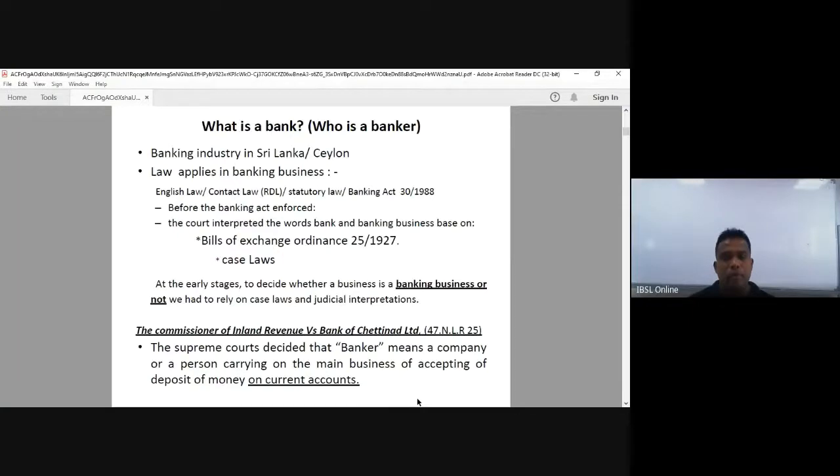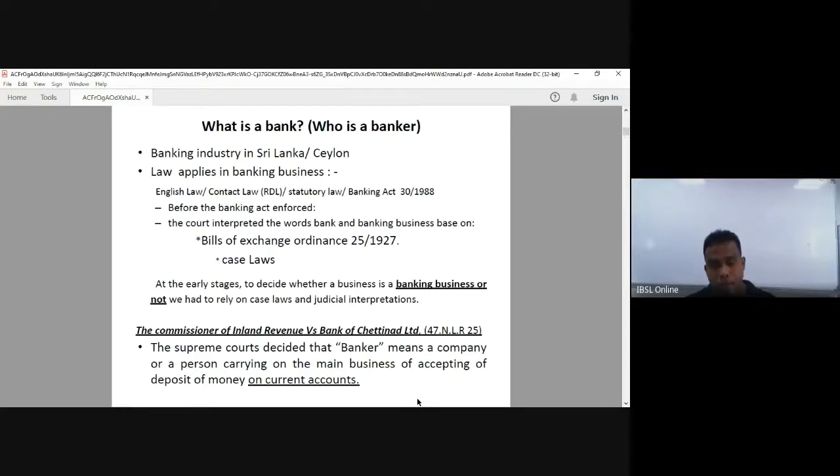Unfortunately, in the Bills of Exchange Ordinance, there's no definition given for the banking business. So then what is the situation? If there is no definition, the judges have to look at the decisions or the law applied in England.